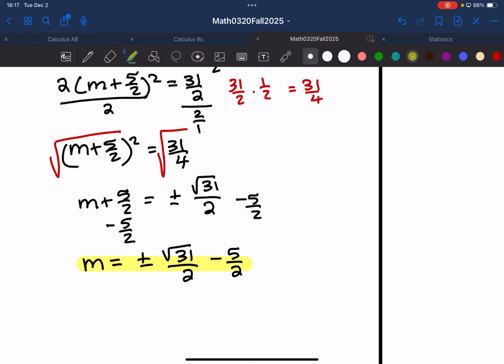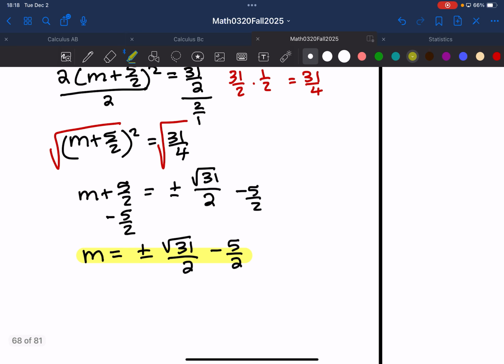What if they told you to round to 2 decimal places? How would you type this into the calculator? So what is the square root of 31? Round to 2 decimal places. 5.57.